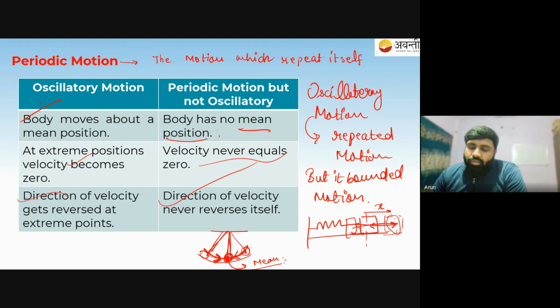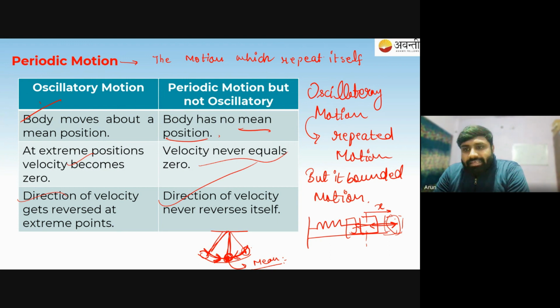So on the basis of that, we can conclude that all types of periodic motion are not oscillatory, because for a motion to be oscillatory, we need a mean position. But because oscillatory motion is repeating itself with a fixed time interval, it justifies the category of periodic motion.